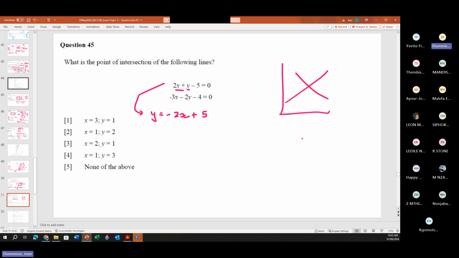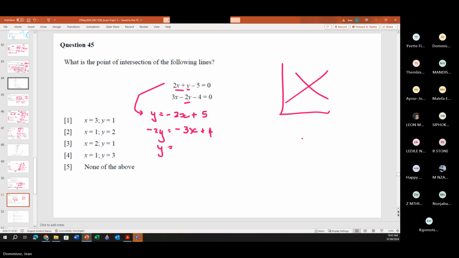Then rewrite the second one, minus 2y equal to minus 3x plus 4. That was just kept on the left-hand side, take that to that side, minus, take that to that side, plus. But then, again, I would want to get rid of the minus 2.